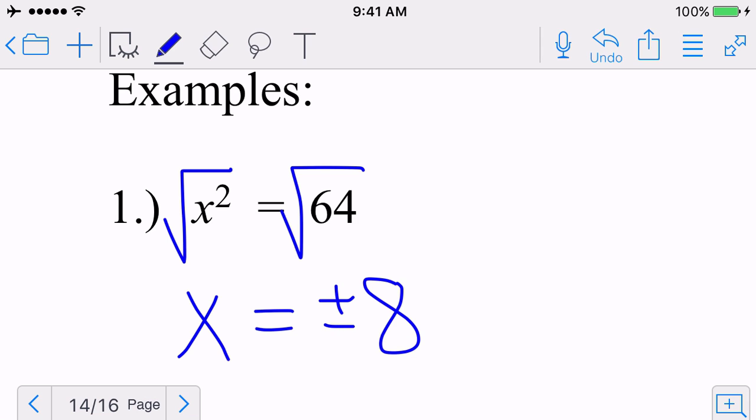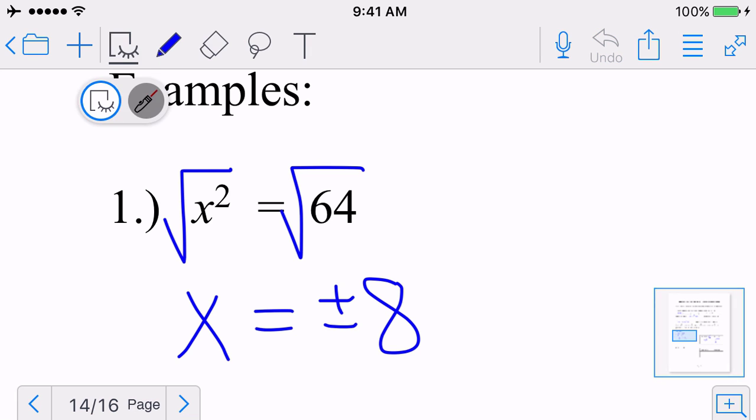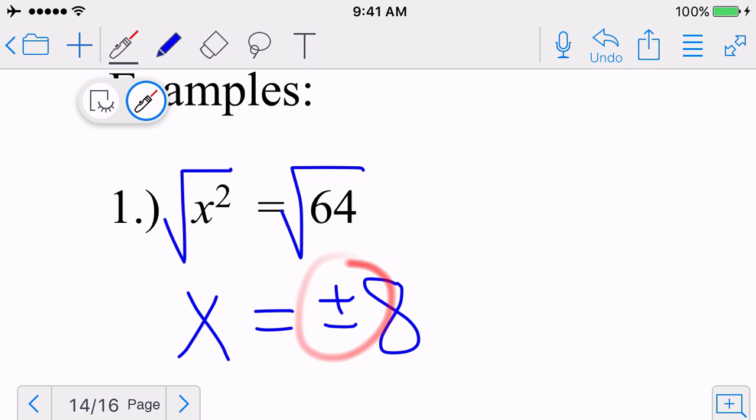It could also be negative 8, because negative 8 times negative 8 is also 64. So whenever you do a square root, or basically any even-powered root, you're going to have to take the positive or the negative version of it. So just don't forget that little plus or minus. It's not hugely important just yet, but it will be very important in the next unit.